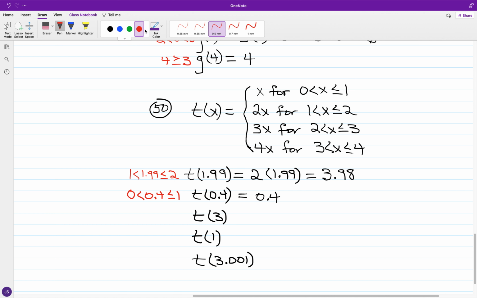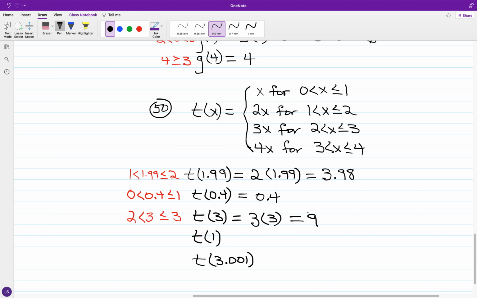And so the last inequality is irrelevant. So only the third one applies. So we got 2 is less than x is less than or equal to 3, whereupon x we have to be at 3. So for t of 3, we're giving it the 3 times the input application, and 3 times 3 becomes 9.